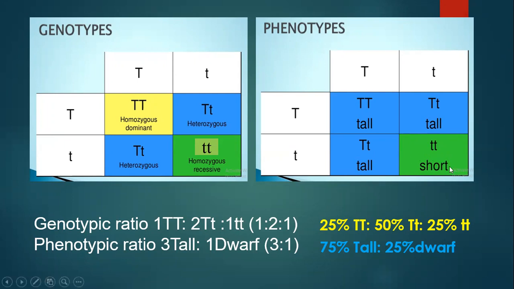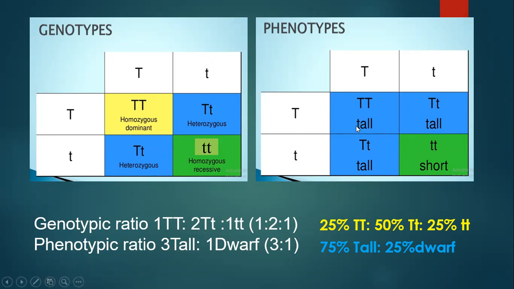So if it is a short plant observed from outside, then it must have the genotypic composition small t and small t. That means the dwarf gene must be present in both alleles of the pair.